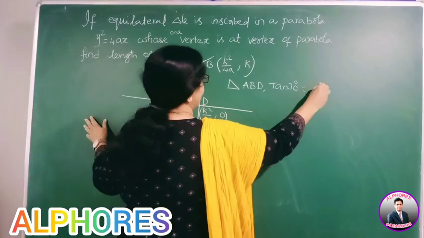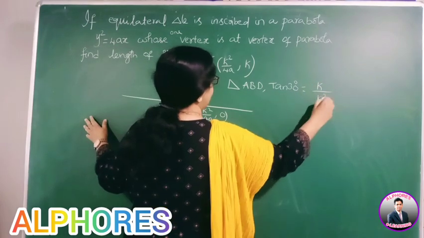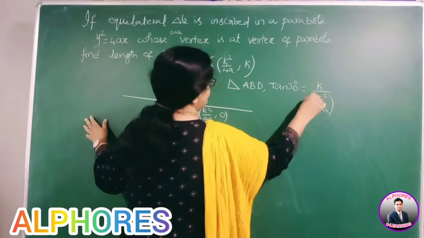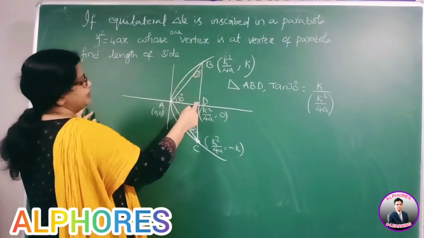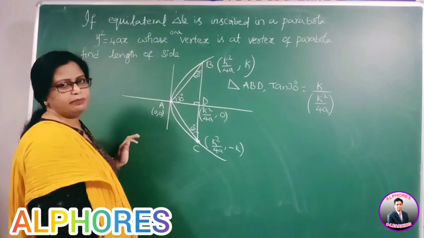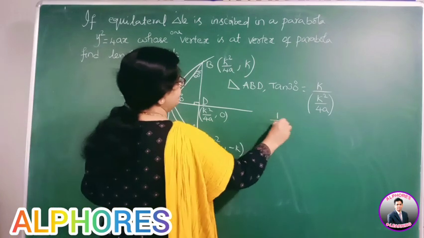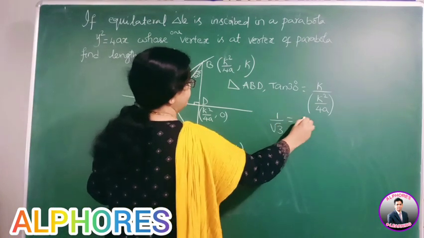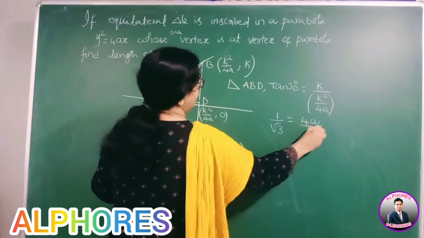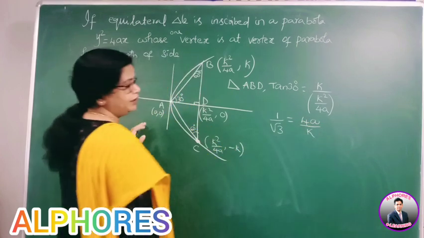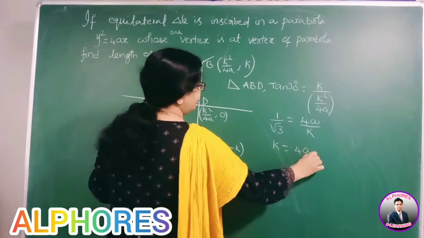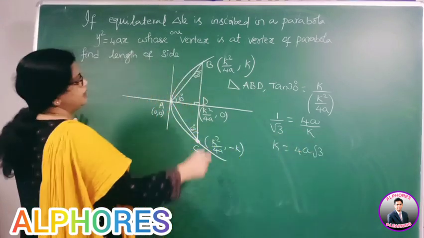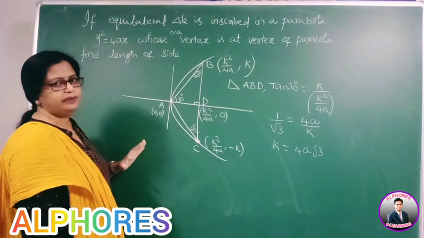So tan 30 degrees I have taken, it is k and this part is k square by 4a. And this is 1 divided by root 3 equal to 4a divided by k. And hence the k value we got here is 4a root 3.